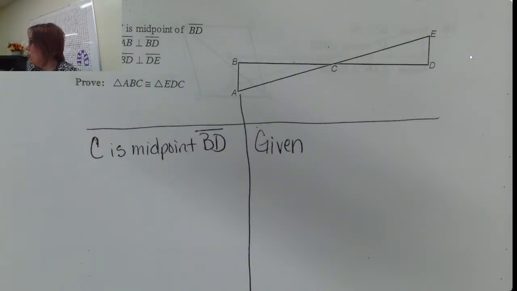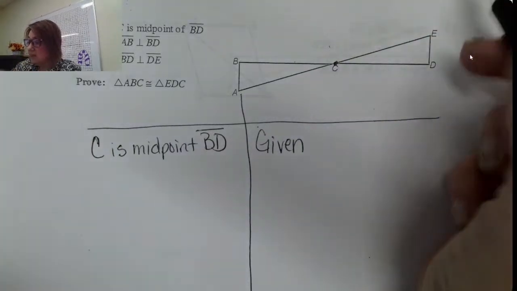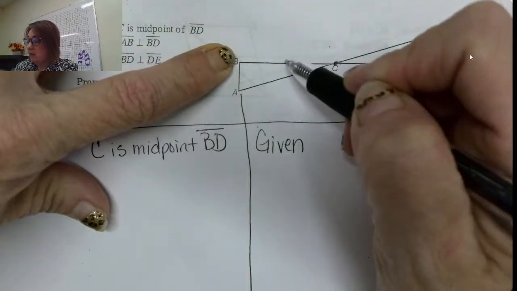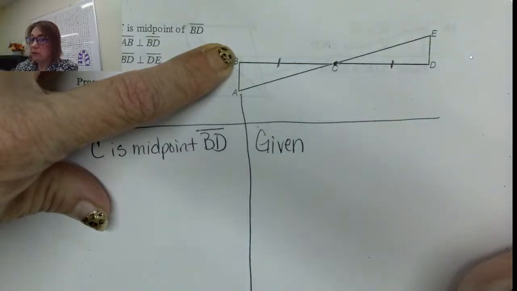So if you have a point that's right in the middle of a segment, what does that do to that segment? It cuts it equally in half, doesn't it? So this point right here takes this segment, BD, and makes this segment and this segment congruent to each other.